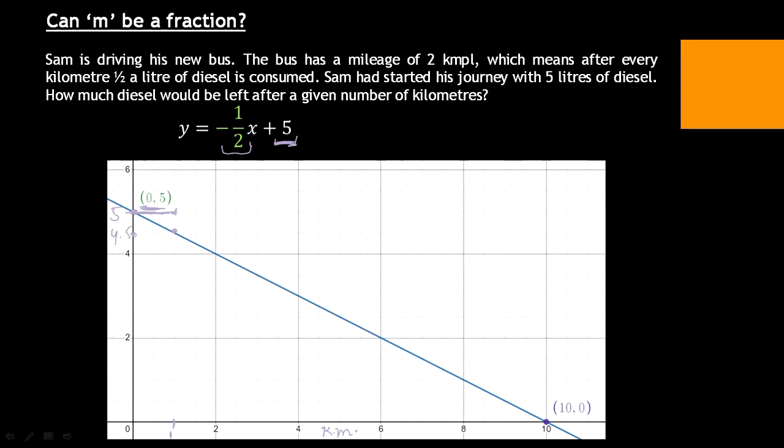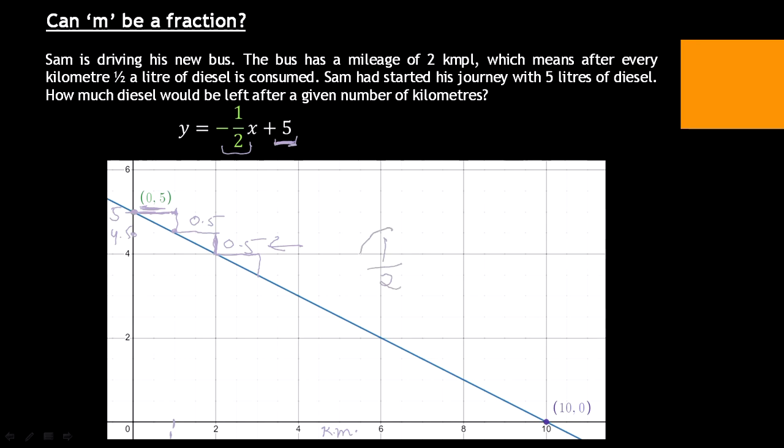So it has reduced by 0.5, and again after another kilometer it goes down by 0.5, right? It goes from 4.5 to 4. So after every kilometer it keeps on reducing by 0.5. So essentially the rate of consumption of diesel is 0.5, which is m, right? 0.5 or half.